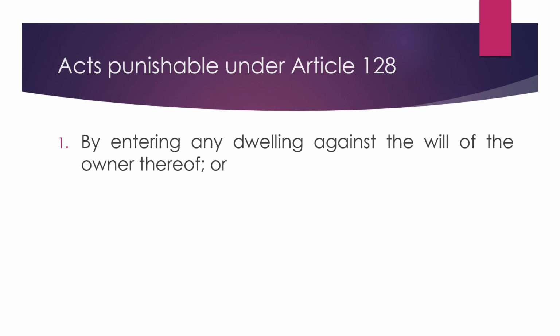Number 1, by entering any dwelling against the will of the owner thereof. When we say against the will, entry in a domicile is against the will when the offender ignores the prohibition of the owner, which may be express or implied, as when the door is closed, even though not locked.